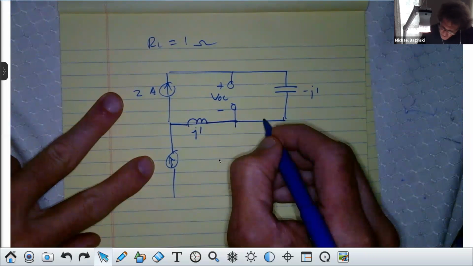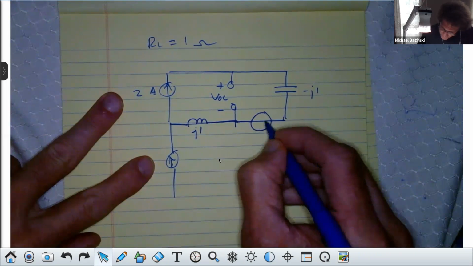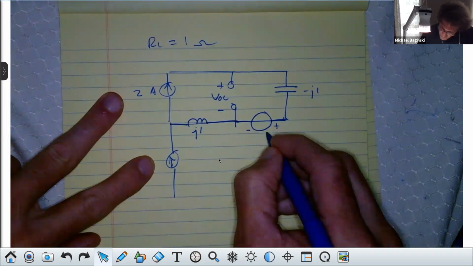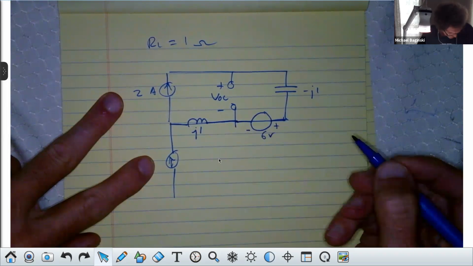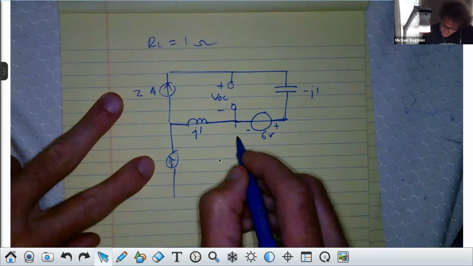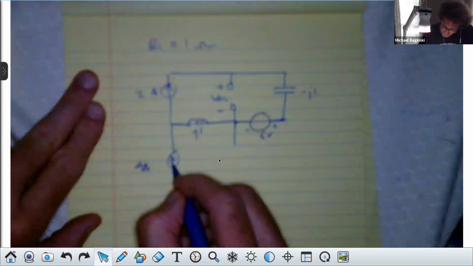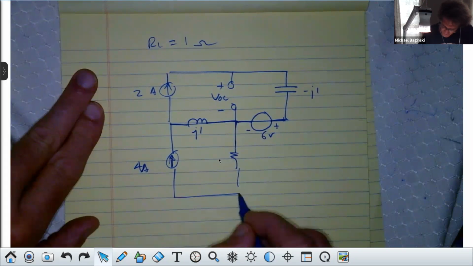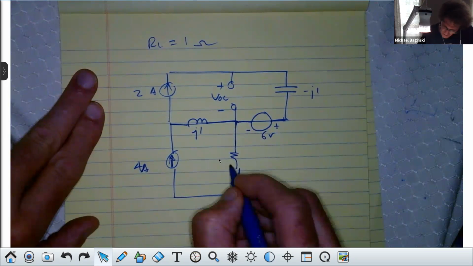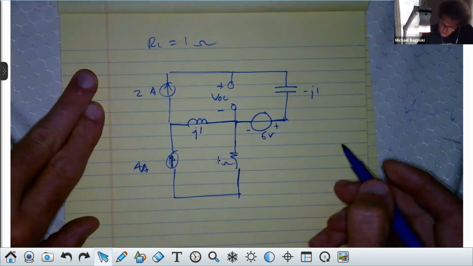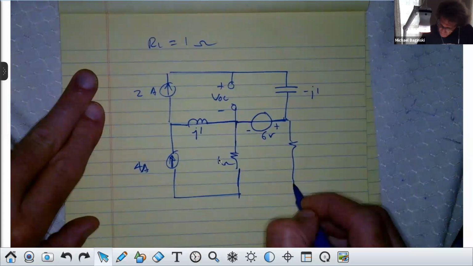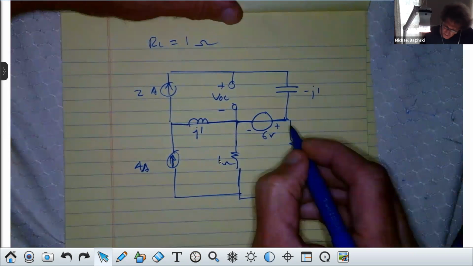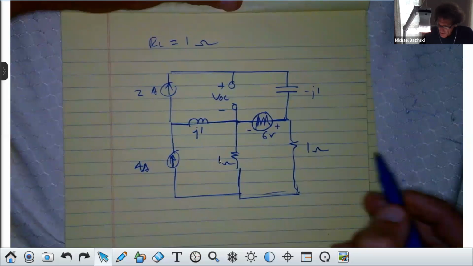I'm sorry, I'm trying to do this efficiently. This is plus to minus 6 volts at 0 degrees, so just 6 volts. And then it has 1 ohm here. You can look in your notes set or on OneNote if you don't know if this is 1 ohm. And then it has 1 ohm here. That's it, right? And you can forget about that. This is plus to minus 6 volts.